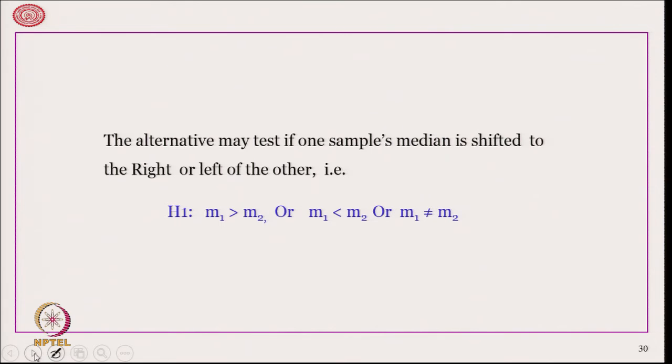What can be the alternative? The alternative can be as before: M1 is greater than M2 or D is greater than 0, M1 is less than M2 or D is less than 0, or M1 not equal to M2, D not equal to 0.